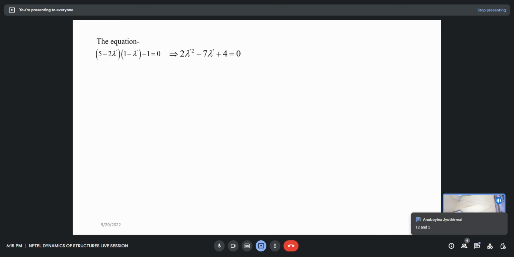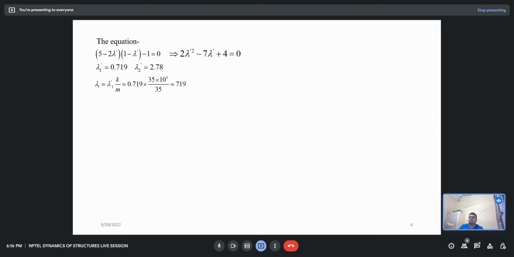Is this lambda or omega 1, your final answer? Okay, sorry, lambda 1 dash is 0.719 and lambda 2 dash is 2.78. So lambda 1 is coming out to 719 and lambda 2 is coming out to be 2780.